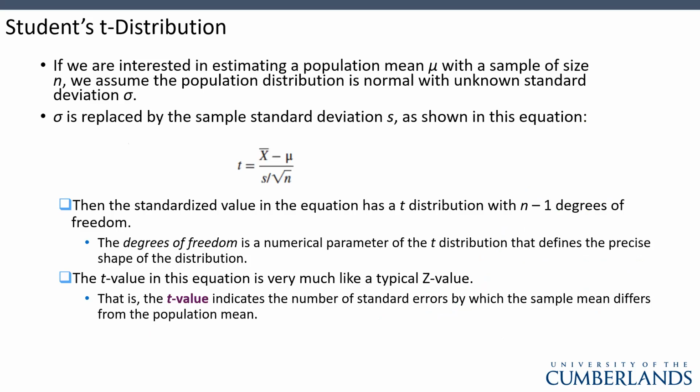If we are interested in estimating a population mean, mu, with a sample size of N, we'll assume the population distribution is normal with unknown standard deviation sigma. Sigma is replaced by the sample standard deviation S, as is shown in this equation, as you can see here.